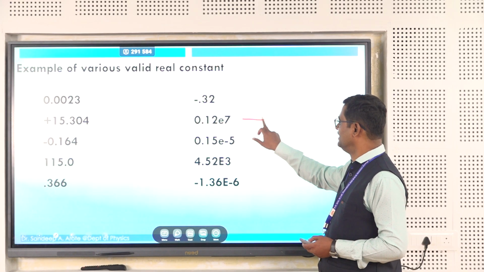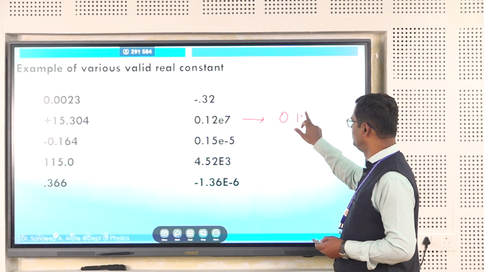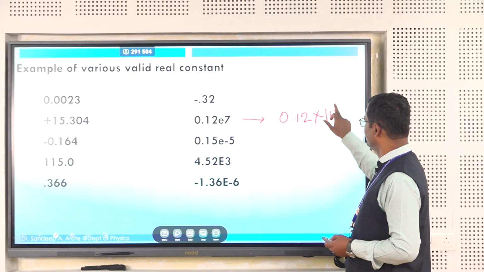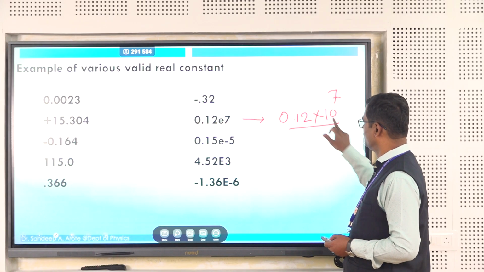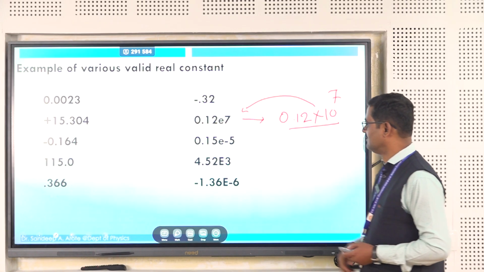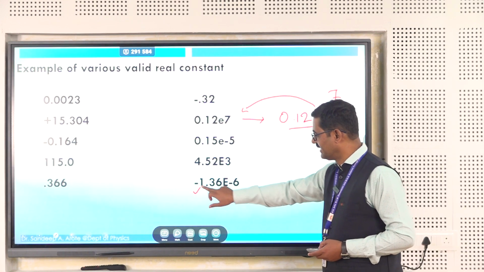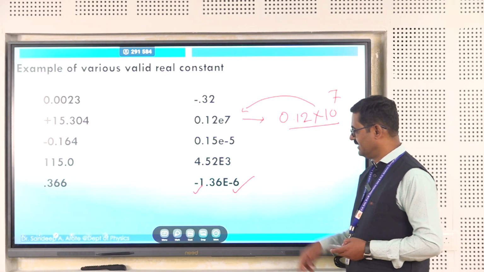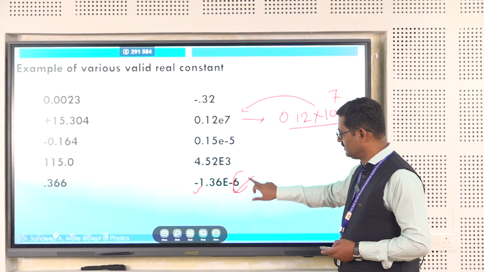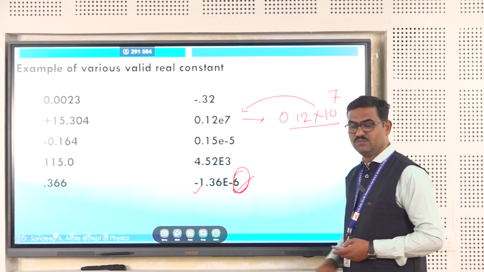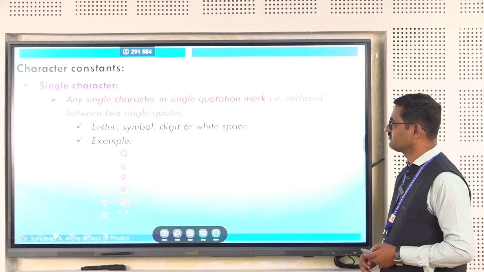What does it mean? This means 0.12 into 10 raised to power 7. So, this is the equivalent form of this. And so on. You can have the mantissa negative and the exponent negative. But remember, the exponent part must be an integer number.